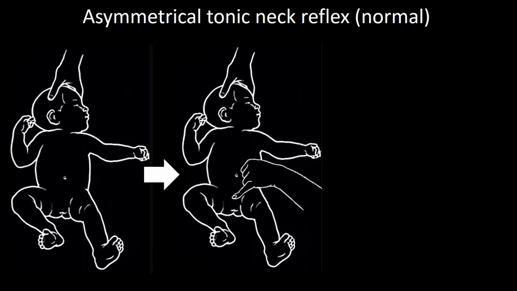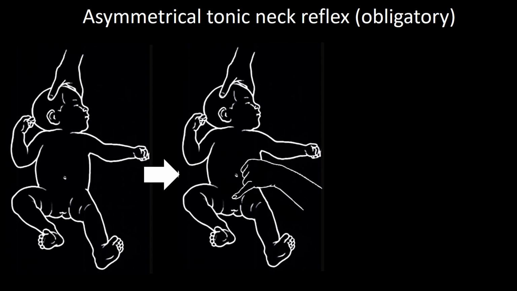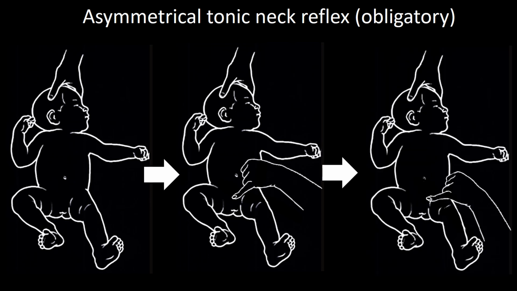In normal circumstances, if while this posture is maintained, the infant is presented with a new stimulus, let's say the skin over the pubis being stimulated, we would provoke a reflex extension of both lower extremities with adduction and internal rotation into talipes equinus. In a patient with an obligatory asymmetrical tonic neck reflex, pressing the skin over the pubis will not influence the patient's position.